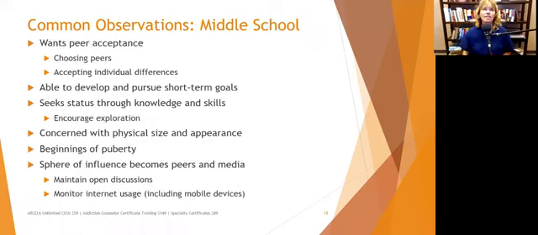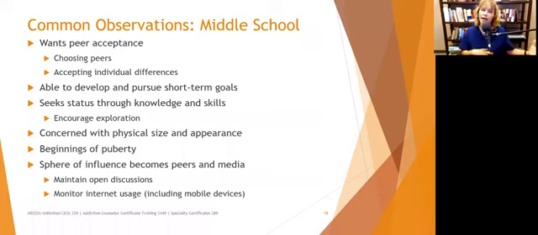They want peer acceptance, so they may need assistance figuring out how to choose peers. And that sounds overly controlling, but sometimes they just need to bounce ideas off of parents, and you may not love every one of their friends. And you can encourage parents to express the fact that I'm not crazy about what that person does.